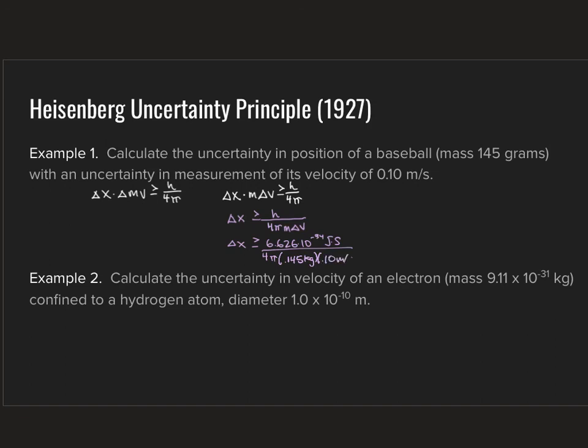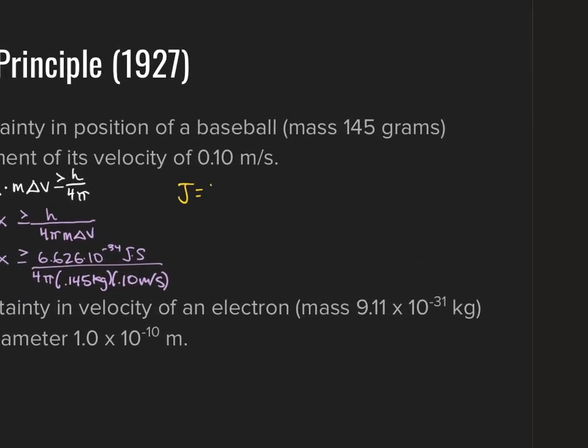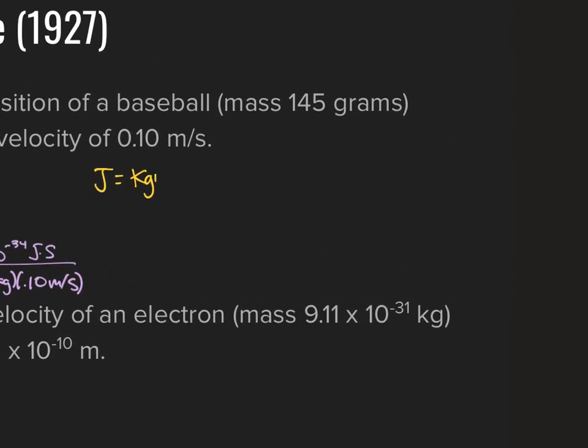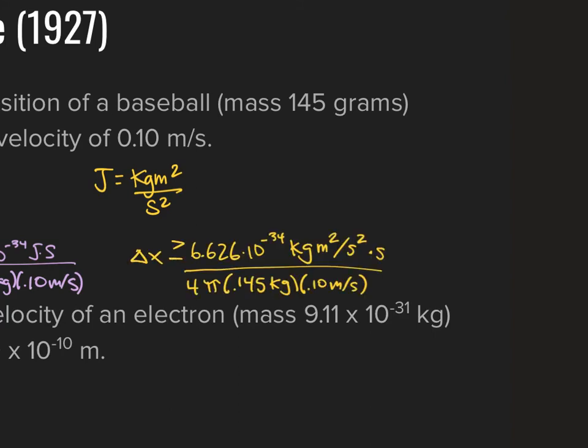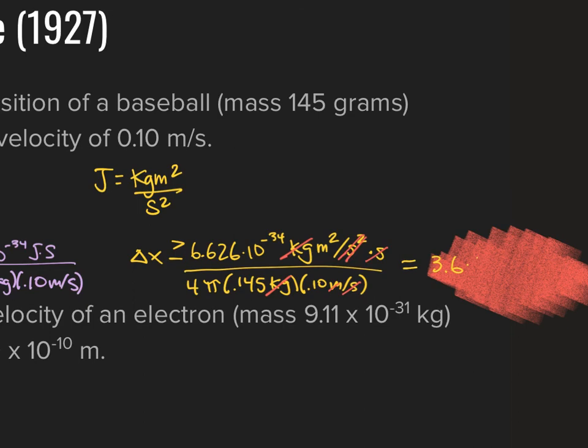I want those kilograms to cancel out, times our uncertainty in velocity of 0.10 meters per second. After a quick calculation and canceling units, we end up with an uncertainty in our position of 3.6 times 10 to the negative 33rd meters.